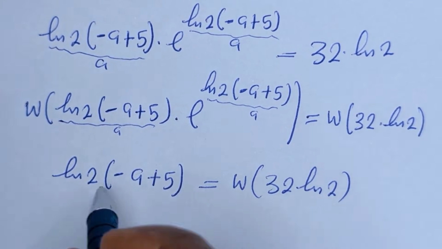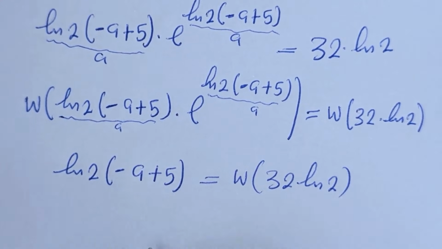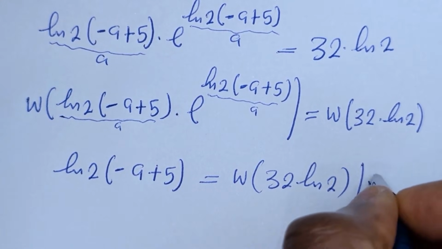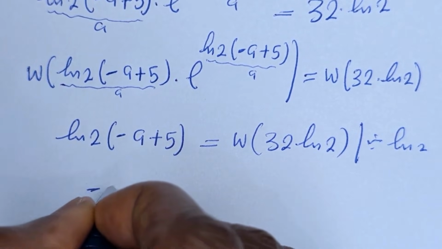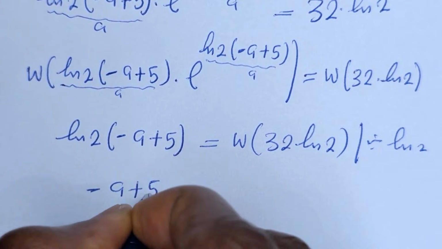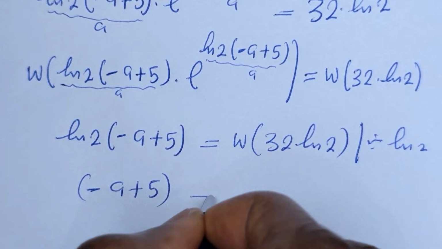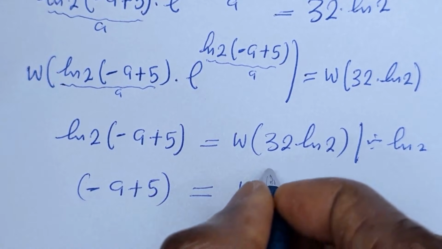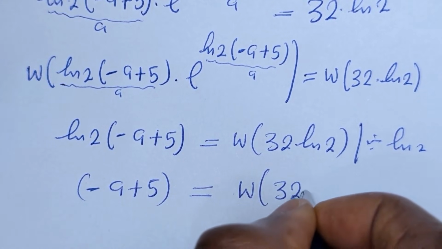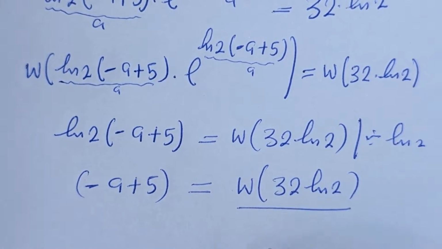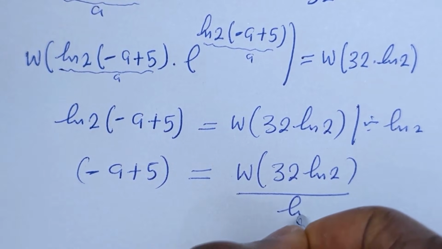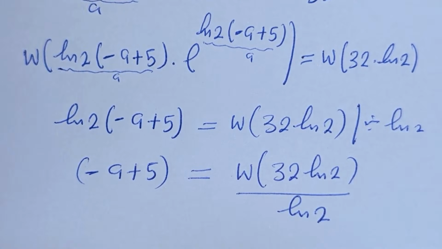Now let's divide both sides of this equation by ln of 2. Here we have minus a plus 5 is equal to W of 32 ln of 2 divided by ln of 2.